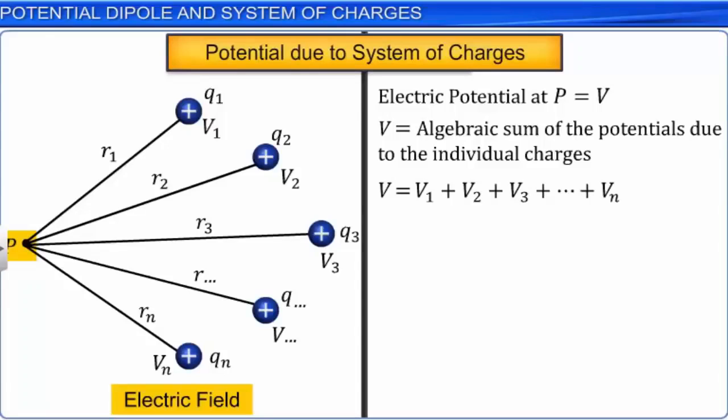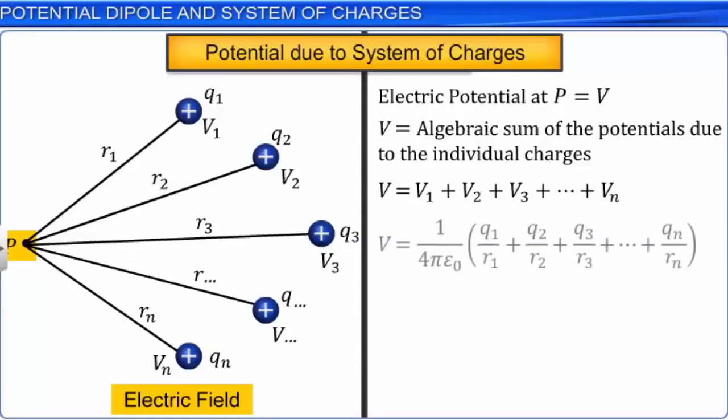Substituting the expressions for the potential at point P due to individual charges, we get V is equal to 1 by 4 pi epsilon naught into Q1 by r1 plus Q2 by r2 plus Q3 by r3 and so on up to Qn by rn. Let this be equation 8.